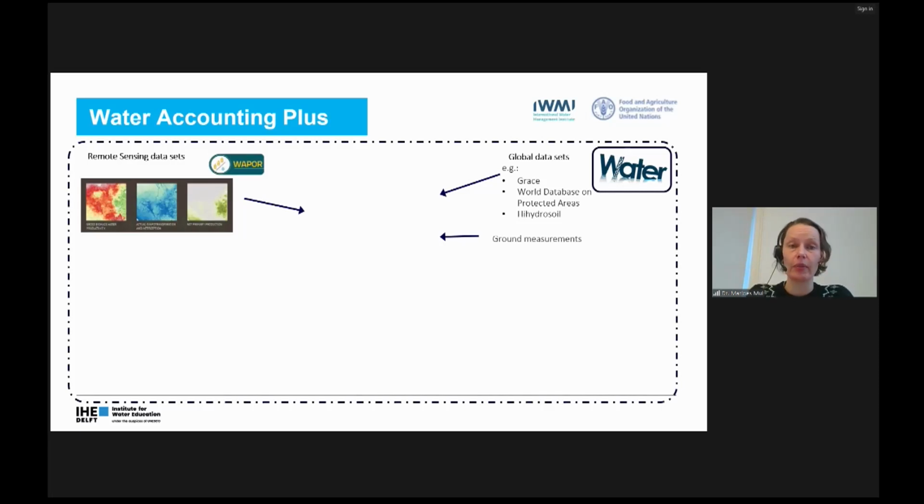So this Water Accounting Plus, as I said, is developed in collaboration with the International Water Management Institute and FAO, and combines both remote sensing data sets, including Vapor, with other global data sets. And we developed also a pixel-based water balance model that converts the fluxes into stocks of the soil moisture, but also deeper groundwater fluxes, and produces runoff, evaporation data, etc. So there's a hydrological model behind it.